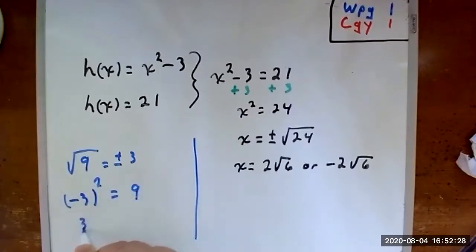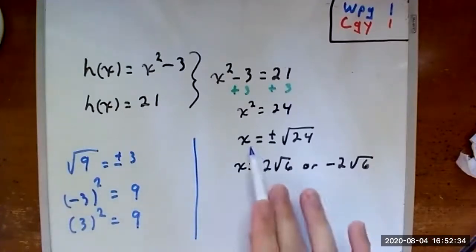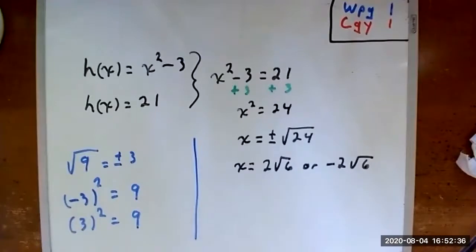So the square root of 9 is technically plus or minus 3, because negative 3 squared gets me to 9, and positive 3 squared also gets me to 9. Which is why we're being asked to do a plus and a minus version.